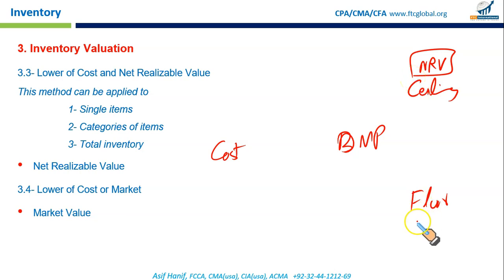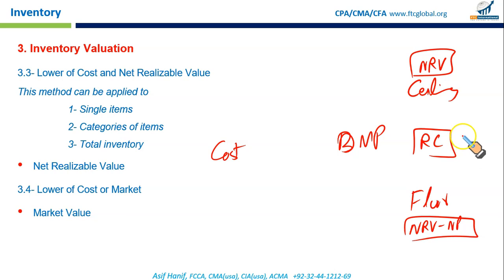And your floor is NRV minus normal profit margin. Now, only the third element remains, replacement cost. Replacement cost will only be considered the designated market price if it falls between NRV and NRV minus normal profit margin. If replacement cost goes beyond this ceiling, it is ignored.